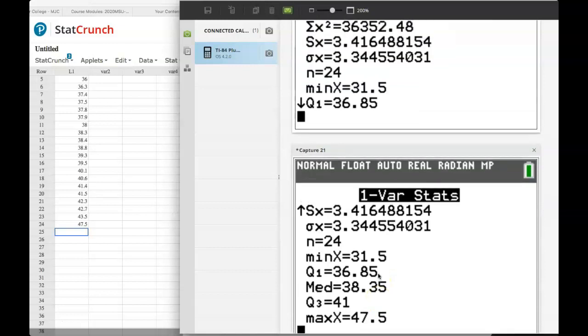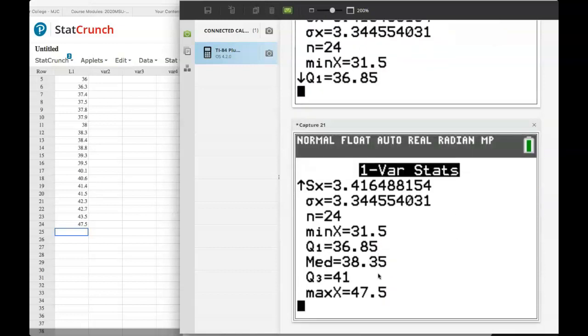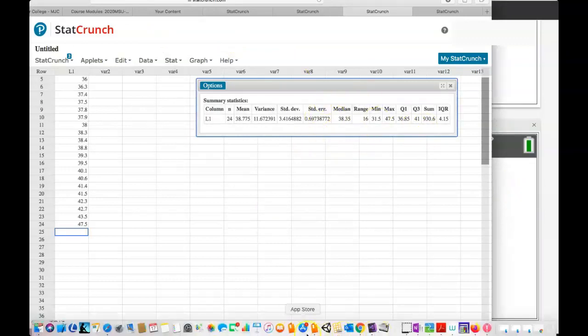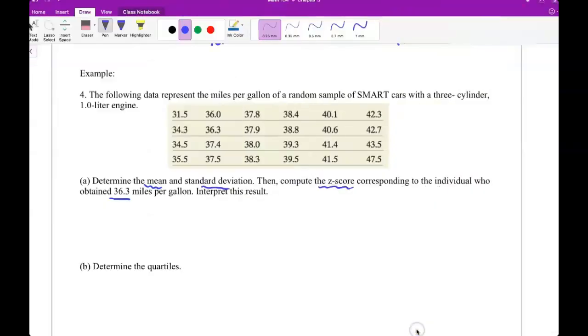Okay, here we don't have inner quartile range. Let's find the inner quartile range, it is easy. Q3 minus Q1, that is the answer. So 41 minus 36.85 is the answer for inner quartile range. So this is what we got using calculator and also StatCrunch. Now let's find the answer without using these two.